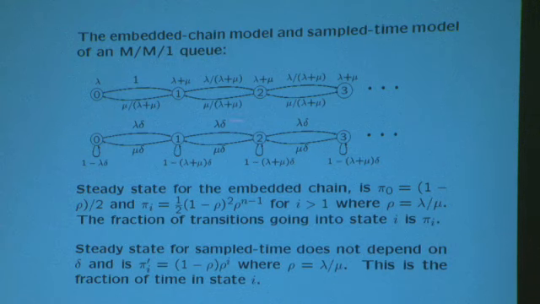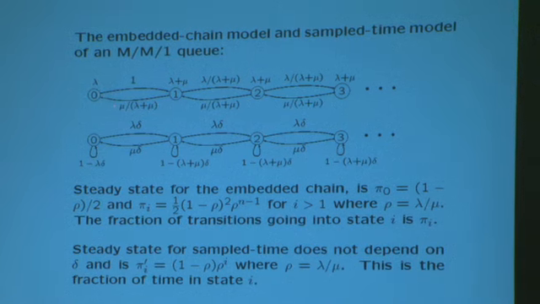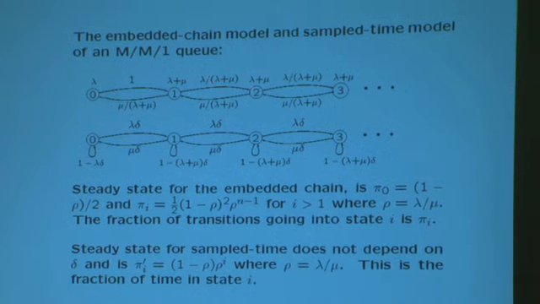Okay, so here we have the embedded chain model that we've talked about before. When you're in state 0, the only place you can go is to state 1. When you're in state 1, you can go down with some probability, you can go up with some probability, and since these probabilities have to add up to 1, it's mu over lambda plus mu, and lambda over lambda plus mu. And the same thing forever after.